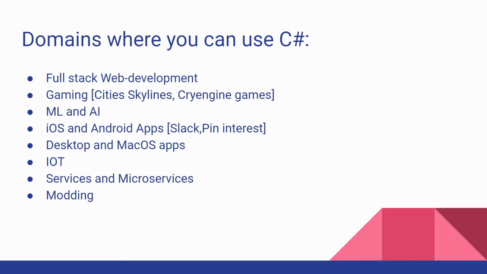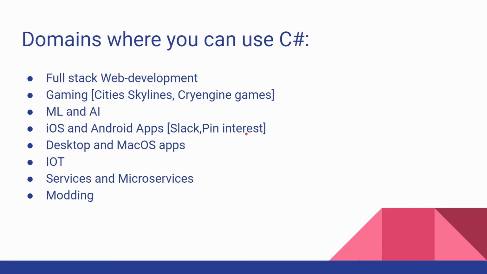A surprising domain is ML and AI. So Microsoft is entering the ML and AI domain by introducing ML.NET, where you can make ML models and train using C sharp.